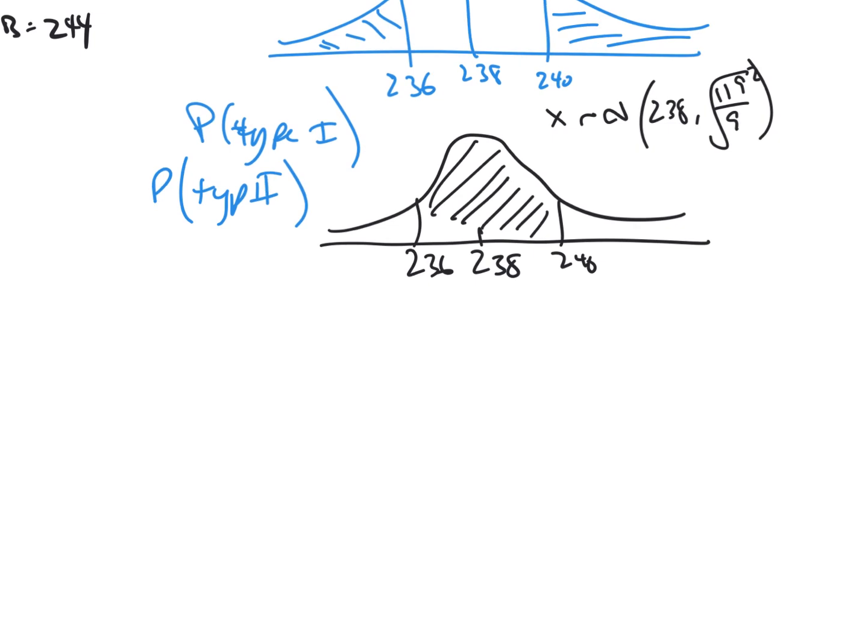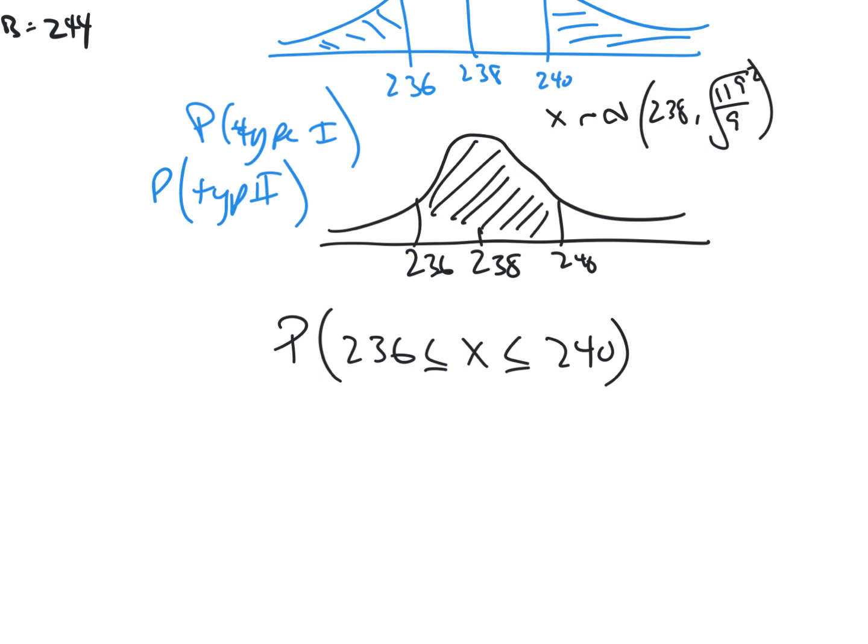And so I want to find the probability that x is between 236 less than or equal to x less than or equal to 240. And that's going to be the type 2 error for one particular bell ring scenario.